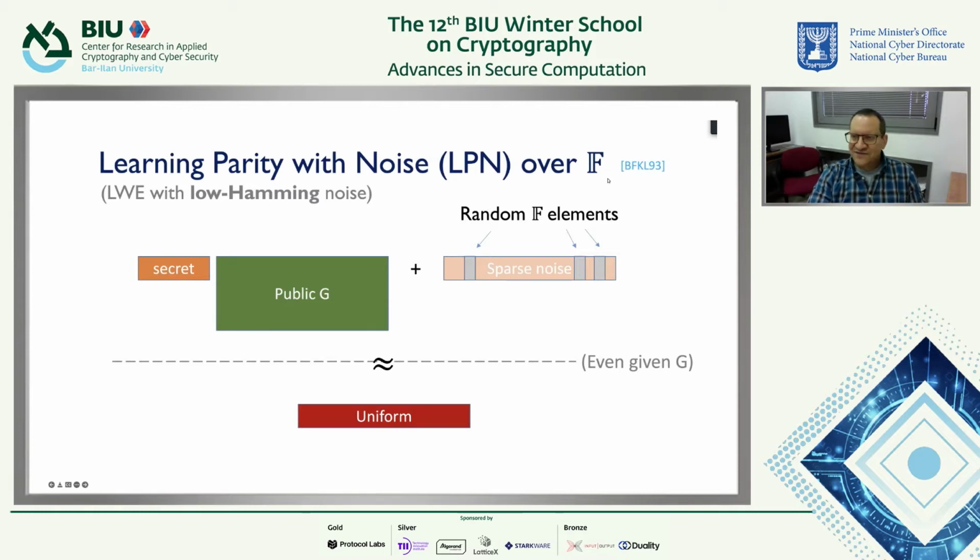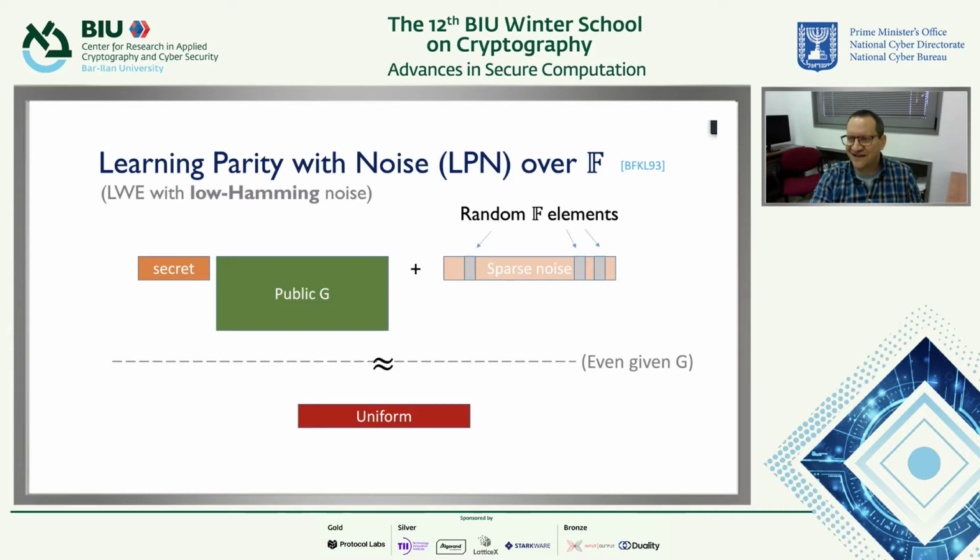It was first introduced over the binary field F2, but it can be naturally generalized to arbitrary fields or even rings. So I will present here the more general version of this assumption. If you're familiar with the learning with errors assumption, it's very similar, except that the noise distribution is different.